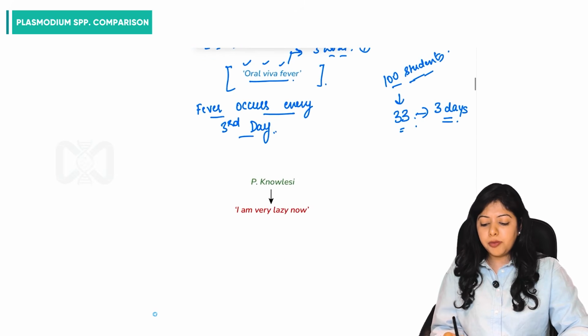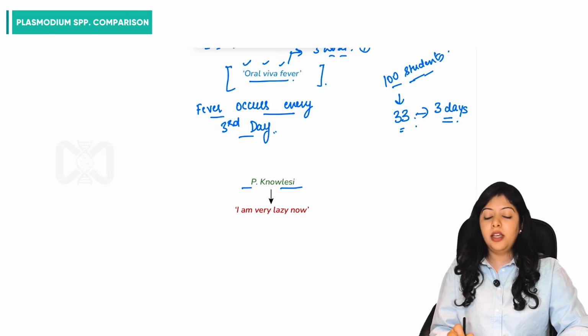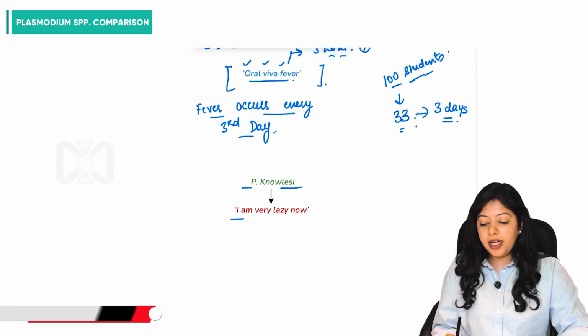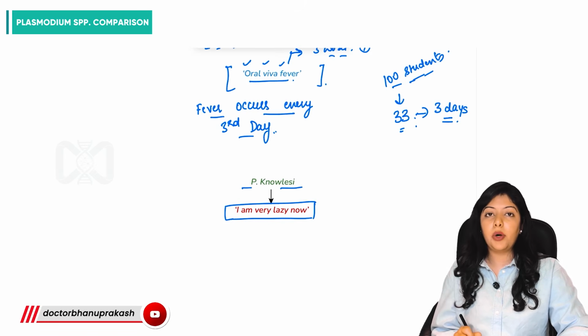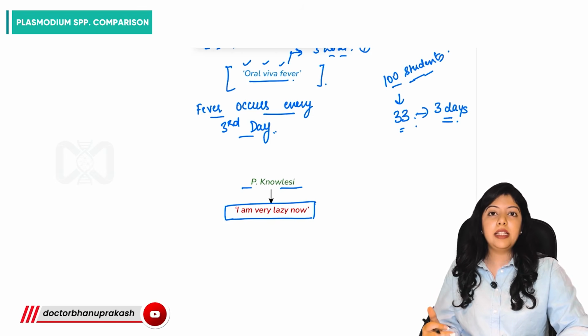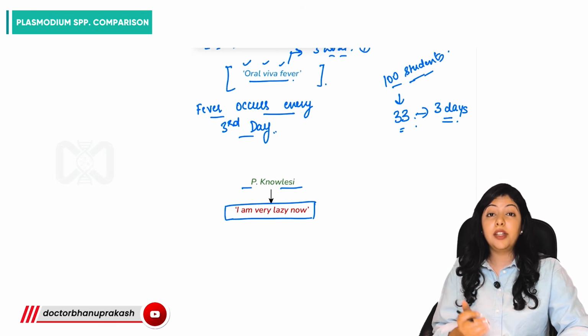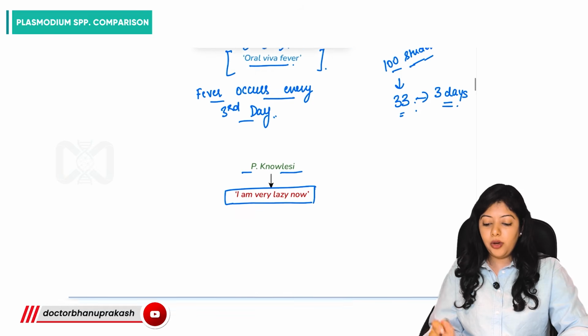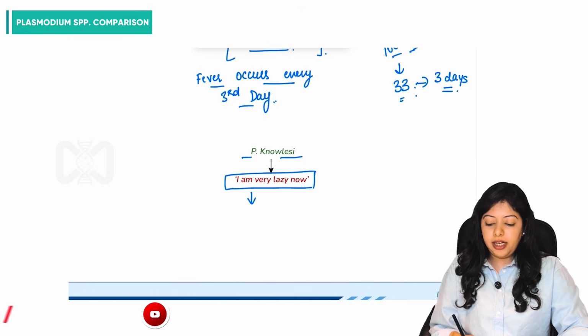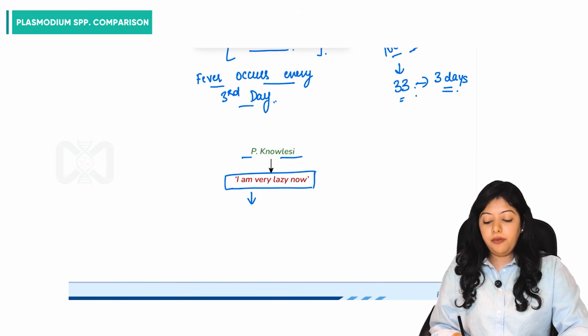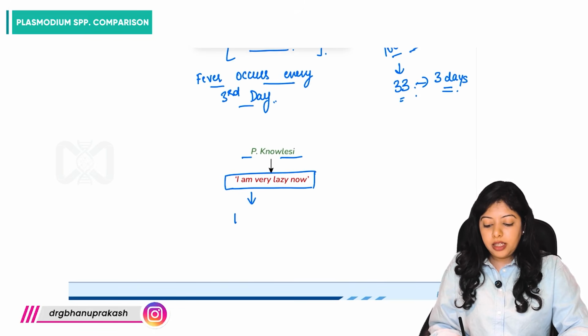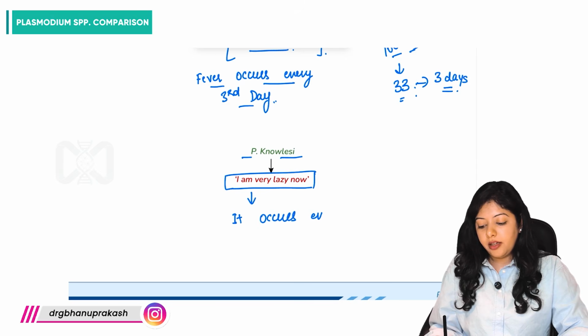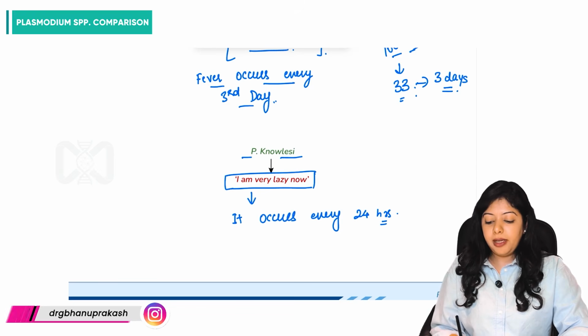Now, what about Plasmodium knowlesi? So let's see this mnemonic. I am very lazy now. A person gets very lazy when he or she has fever every single day. So now we can derive that knowlesi shows a pattern of fever where it occurs every day, every 24 hours. So I am now lazy.